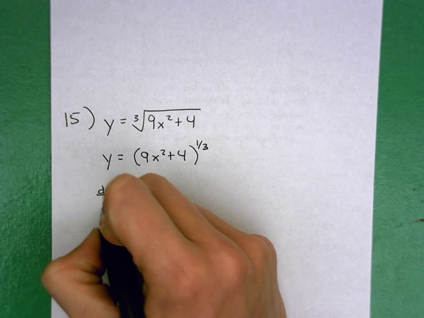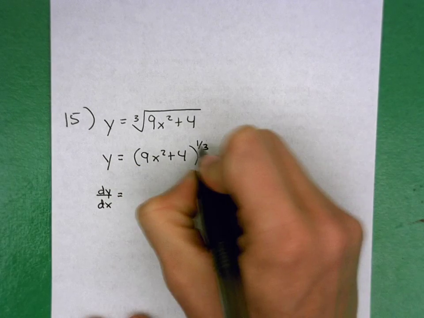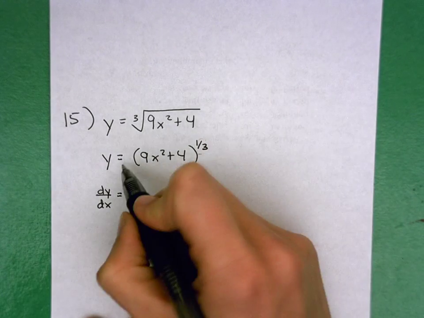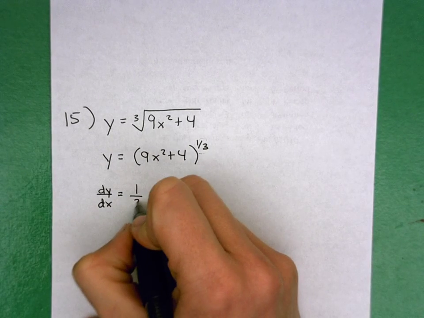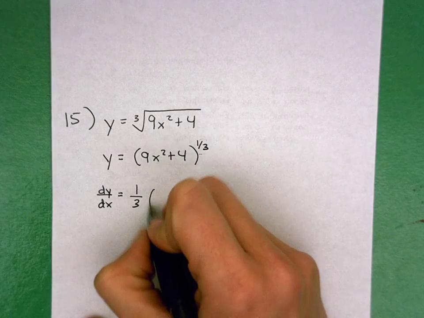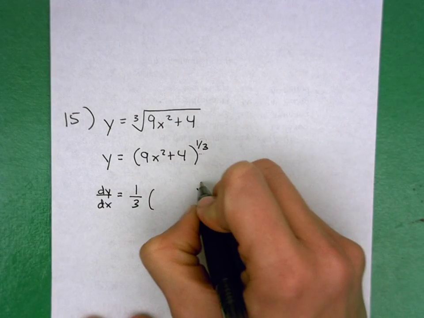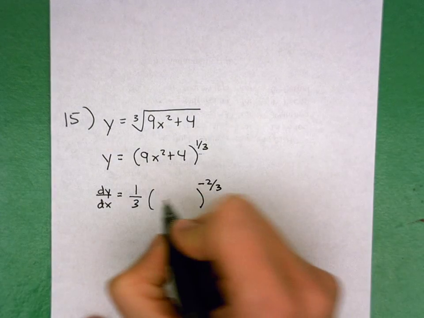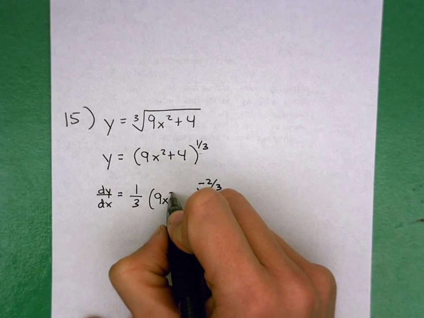So derivative of y is dy dx, and I'm going to take care of this 1/3 first. It's power rule, so you bring down the 1/3, and then subtract 1 from the exponent. 1/3 minus 1 is negative 2/3. And again, make sure you leave those guts alone initially.